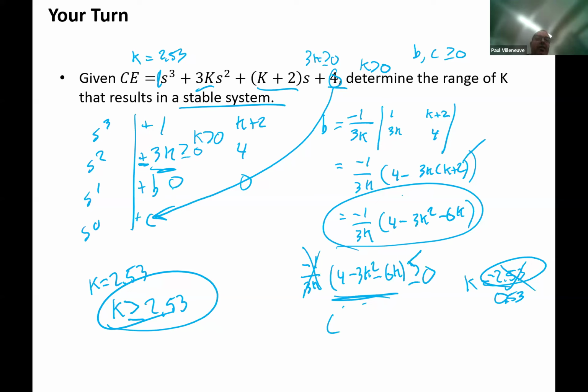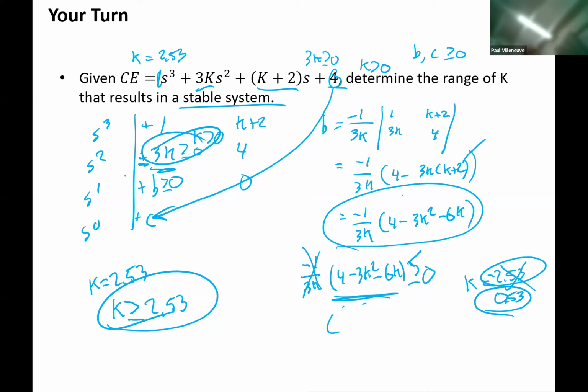The other one over here says this also has to be greater than or equal to 0. And so when I set the roots up, I saw that if K is equal to 0.53, I get it equal to 0. So I've got to be greater than 0.53. Can't go negative, because if I go negative, this is gone, right? So I've got to be greater than 0.53 and still have a stable system.